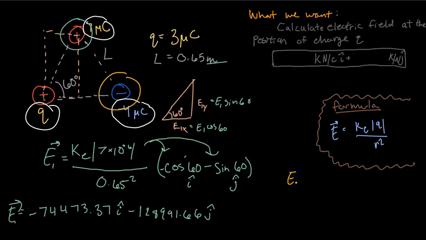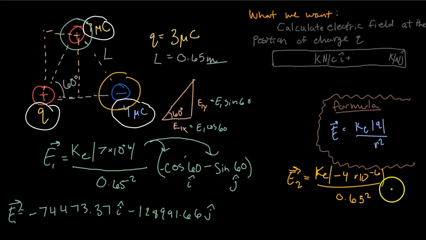So we have our E2 equals our Coulomb constant times the absolute value of that charge, which is -4 microcoulombs, 10 to the -6, and then all divided by the distance, which we know again is 0.65 squared.